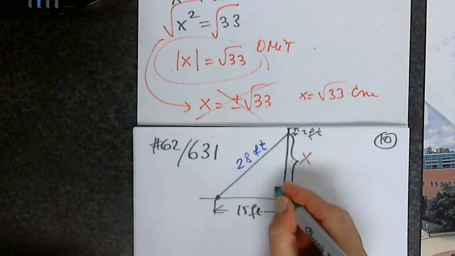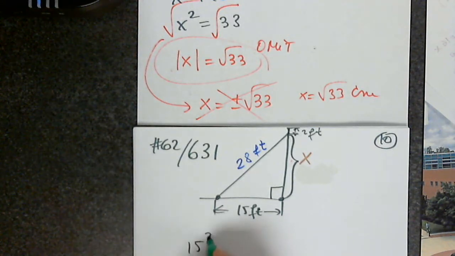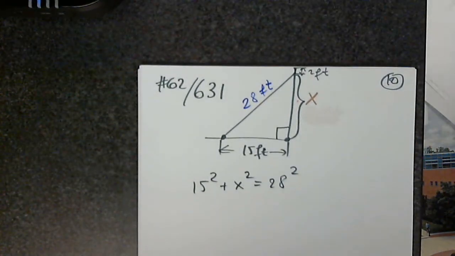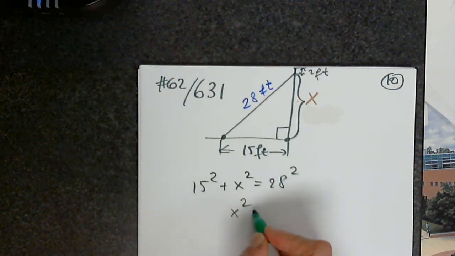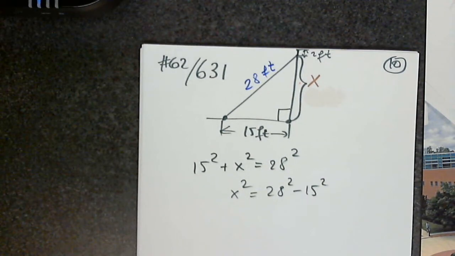Again, you have to be very careful how you write the Pythagorean theorem. It has to be the sum of the legs, which is 15 squared plus x squared equals 28 squared. The sum of the legs squared must equal the hypotenuse squared. The same thing, x squared equals 28 squared minus 15 squared. And here's a question for you.